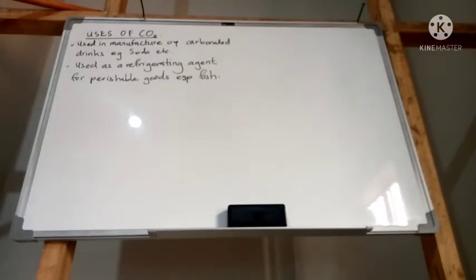So instead of using ice from water, they use iced carbon dioxide because it does not melt. Remember, carbon dioxide doesn't melt, it just solidifies or turns to gaseous state. So it's just subliming. So to prevent melting of that ice used to transport fish, we use carbon dioxide, and life continues.